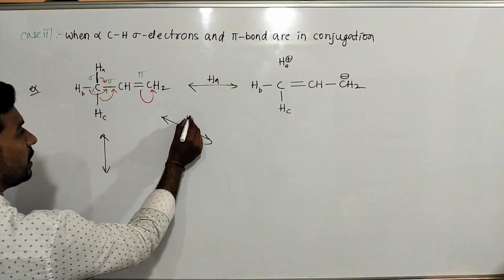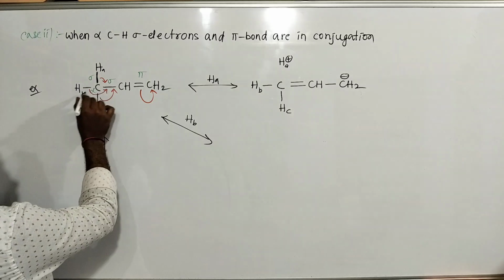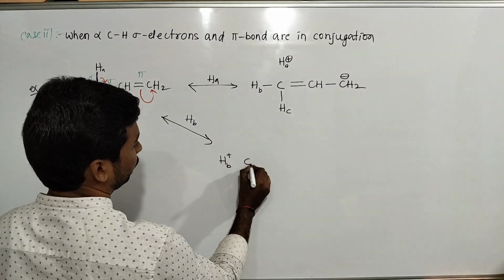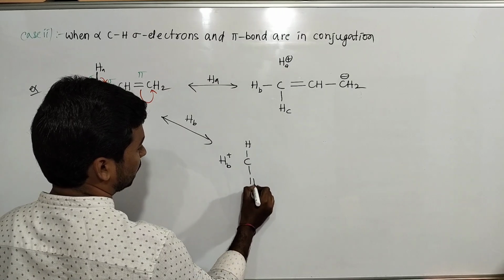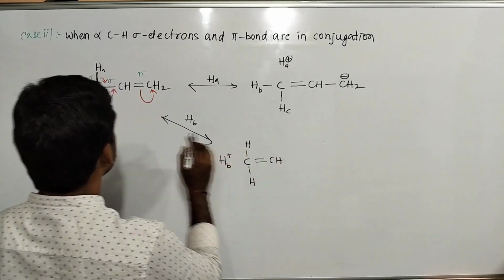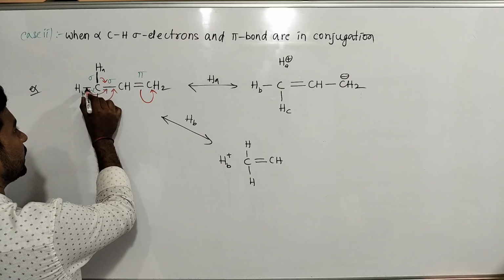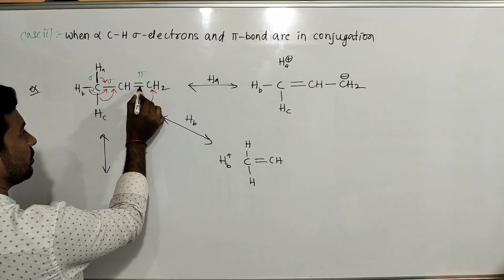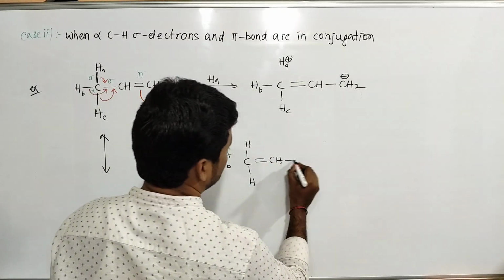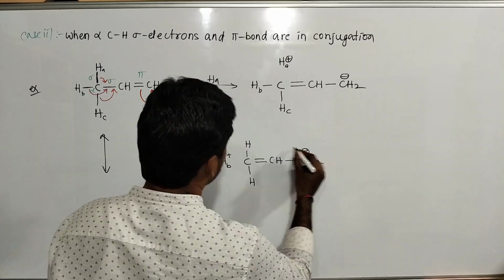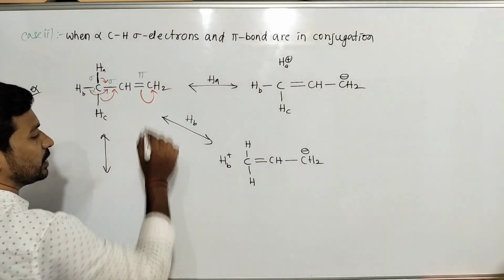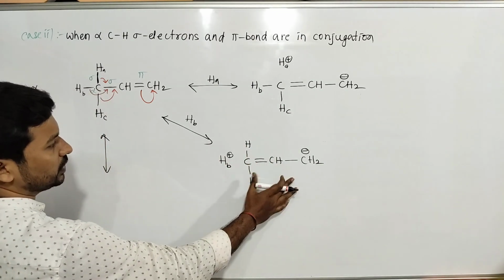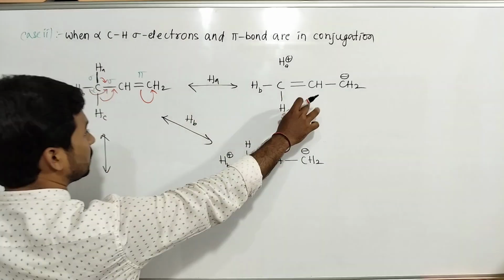Or otherwise, alpha carbon B hydrogen hyperconjugation: that hydrogen becomes positive, this CH bond becomes a double bond CH, and this pi bond shifts towards this one. Due to complete shift of this pi bond towards this carbon, that is negative. This is positive, that is negative. Total charge is neutral.